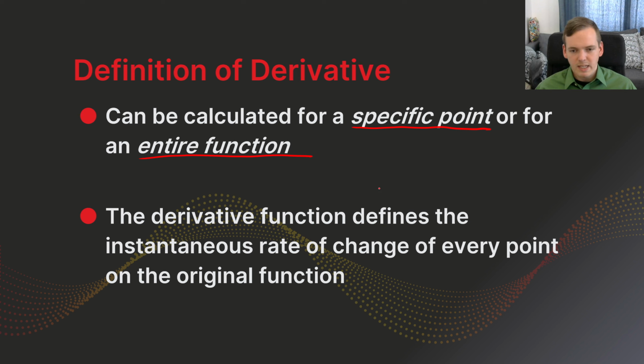So what this means is I can either write, if I'm talking about a specific point, the derivative of f of x at x equals a is some number. Or I can say the derivative of f of x is, and then I'll be giving a function that defines the derivative at every point in space.